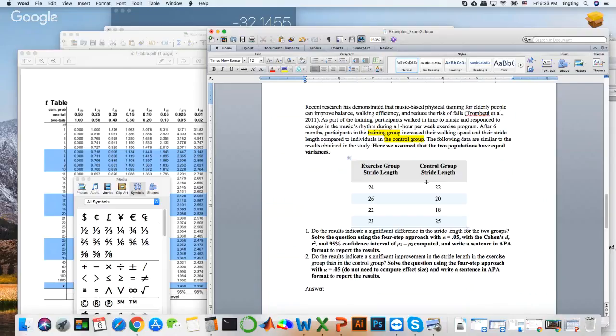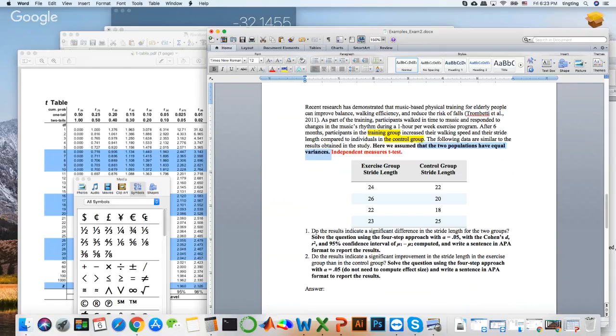That means we need to perform an independent measures t-test. So here also we assume the two populations have equal variance. That means we don't need to test the homogeneity of variance, just to save your time.